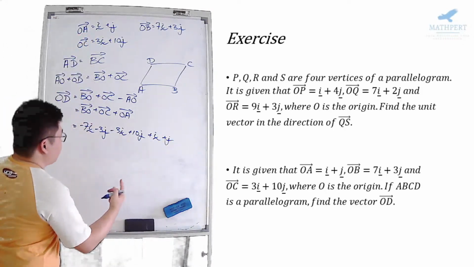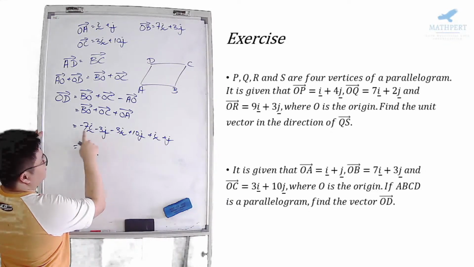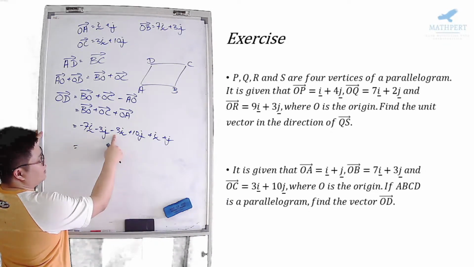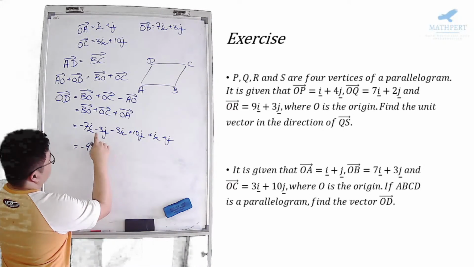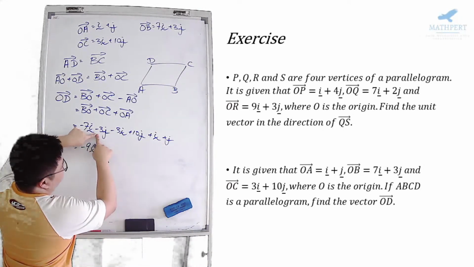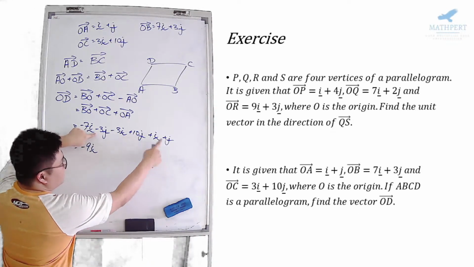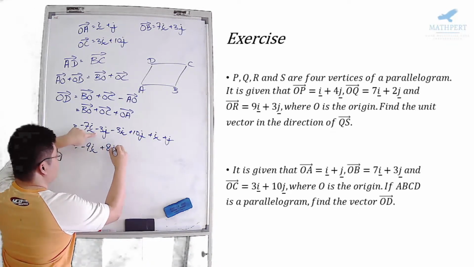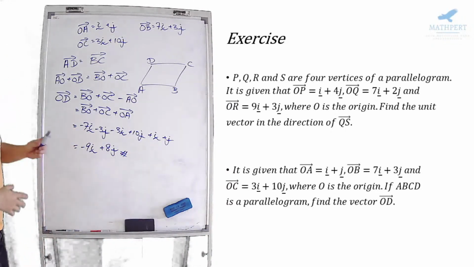So i plus i: negative 7 plus 3 plus 1, negative 9i. Negative 3j plus 10j plus j, 8j. So this will be the answer.